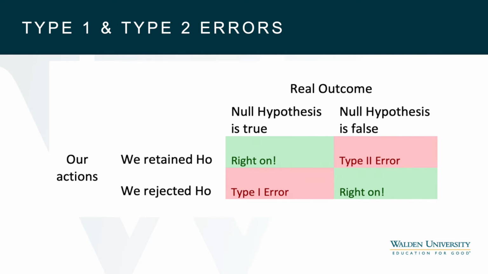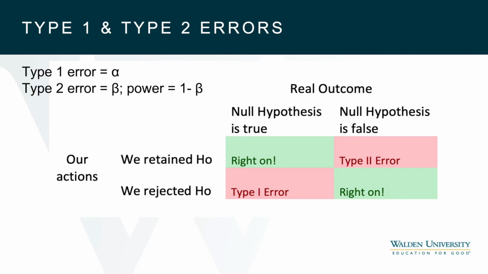That is in the green area here, right on, we're doing a good job. The same goes when our null hypothesis is not true, when it's false, and we rightfully reject it. The errors come into play in these pink areas here, where we have a true hypothesis that we accidentally reject. That's a type 1 error. Or a false null hypothesis that we accidentally retain.